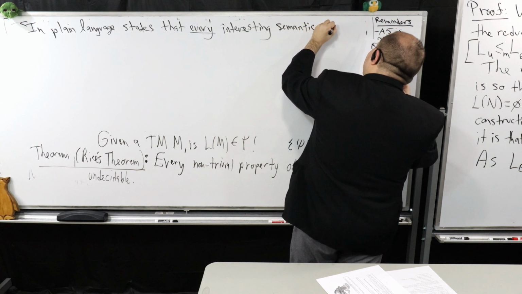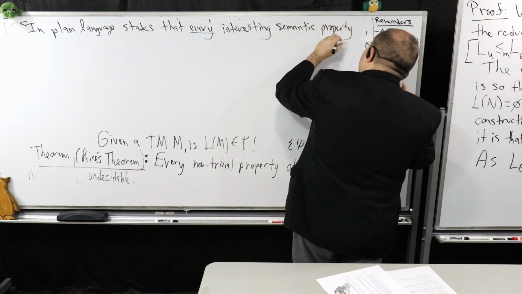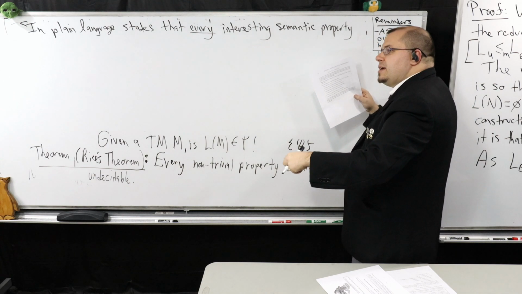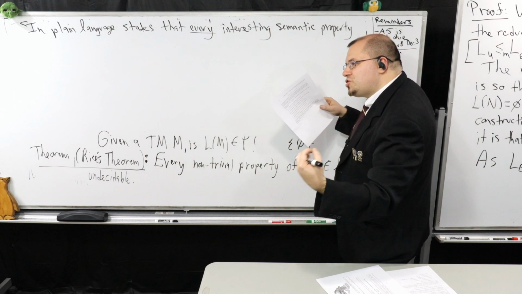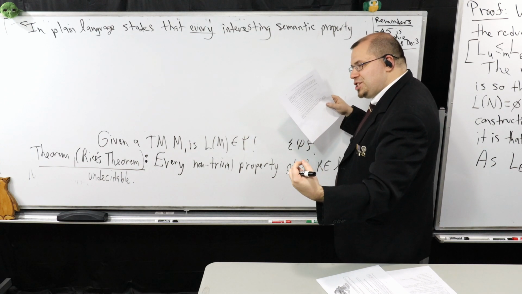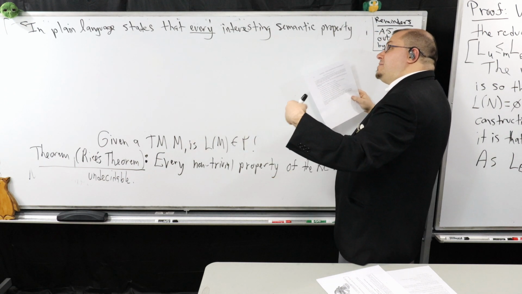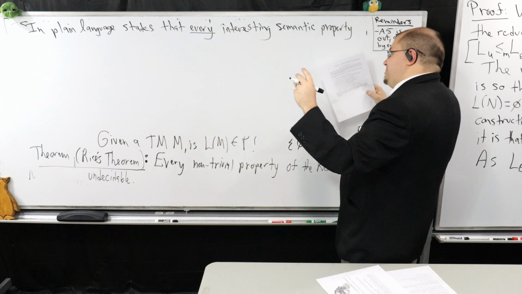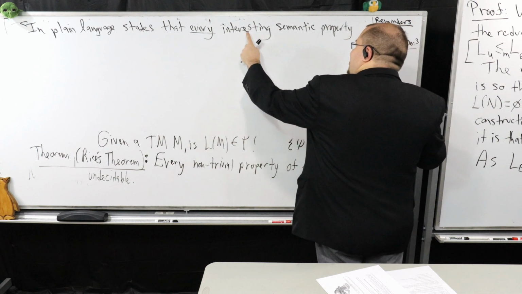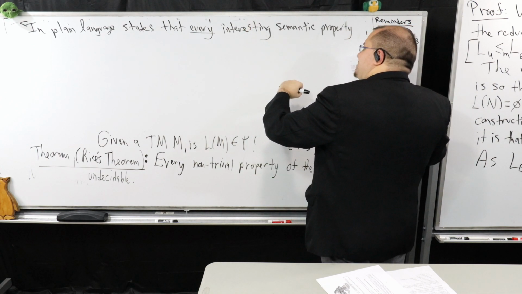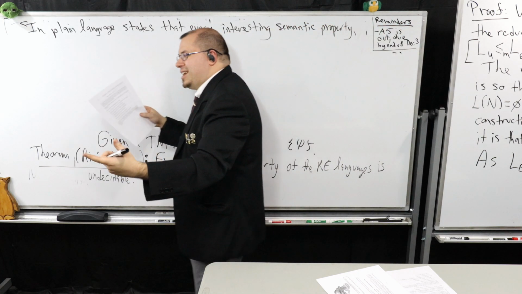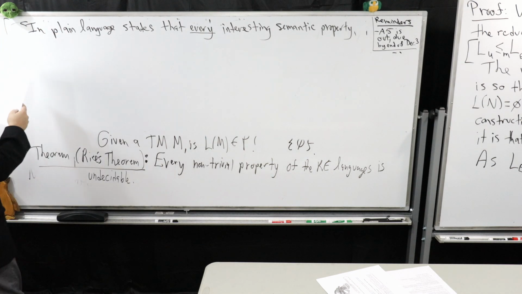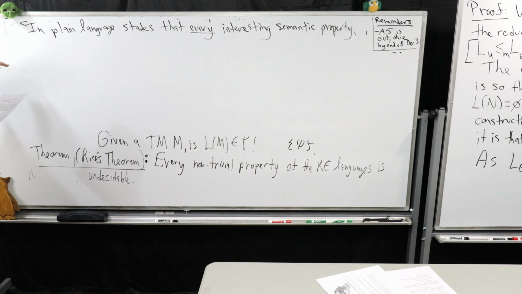So just when I say that, I'm talking about the language itself. Notice the way I define what a property is and the way I formulated that question to you involved the description of the language, not the Turing machine. But you can describe different things about Turing machines with languages, just to be clear. There can be Turing machines that are undecidable, but this involves the languages themselves, just to be very clear.